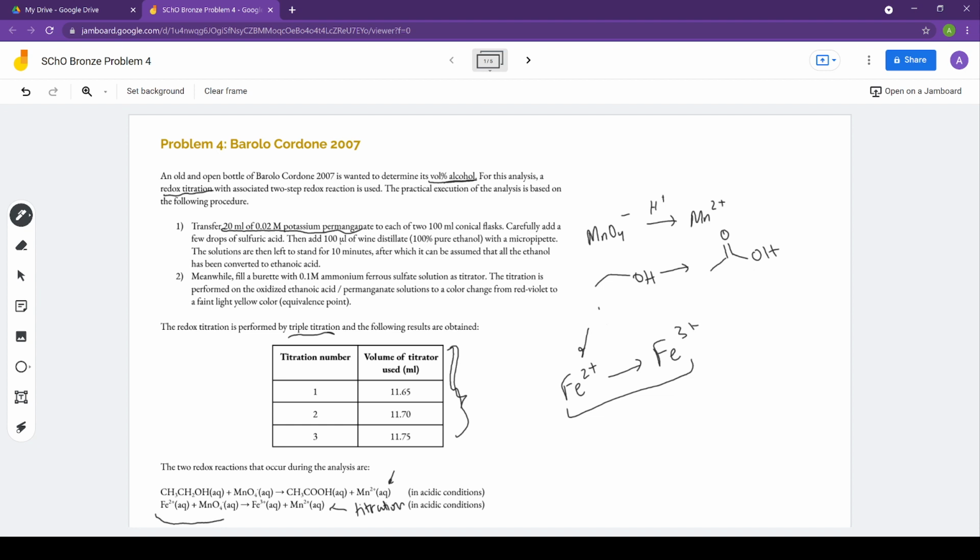If we perform three and they're all similar, we can take the average and be confident that we did our titration correctly. That's why we like triple titrations. And at the bottom, you can see that we're given our two reactions, but they're unbalanced. So we'll end up having to balance these so we can use some stoichiometric relations later on.